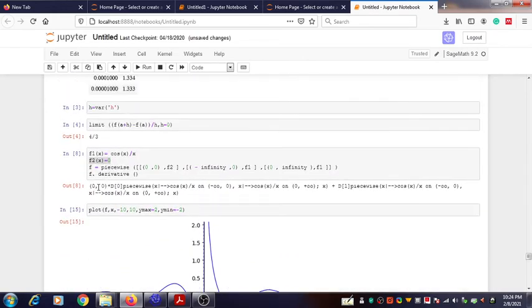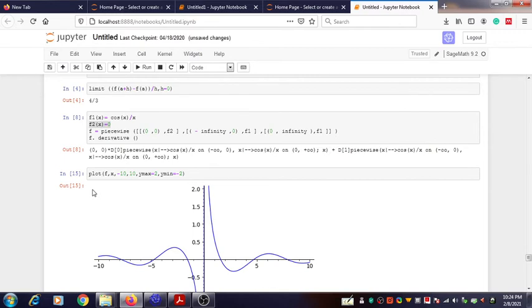After completing this, we are going to plot this function.